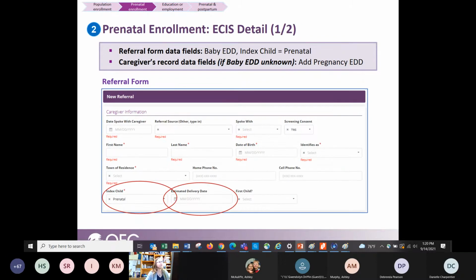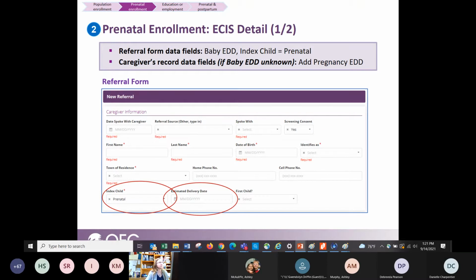For the second metric, just as a reminder, this one is about getting caregivers who are relatively early in their pregnancy, specifically before 32 weeks gestation. So again, the question is, how does the system know that? The system knows that when you enter the baby's due date, otherwise known as the estimated date of delivery, or EDD for short.